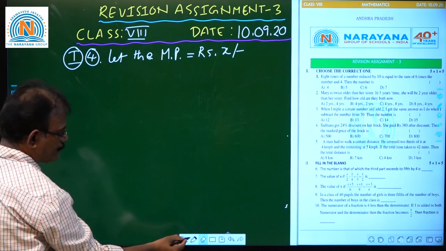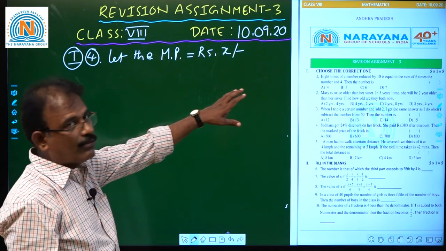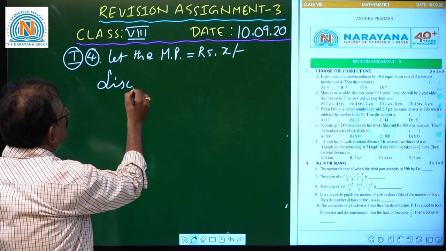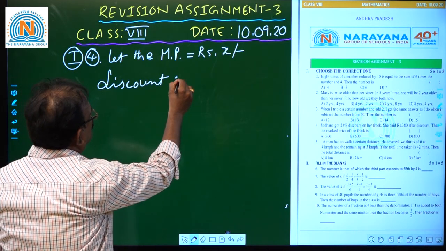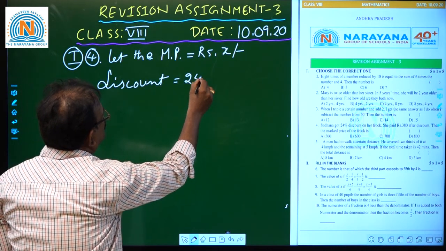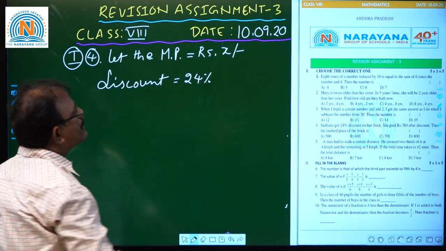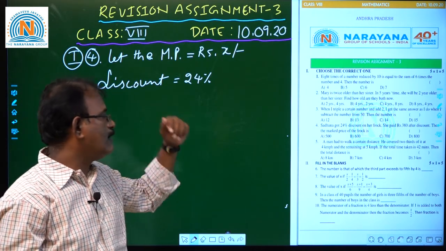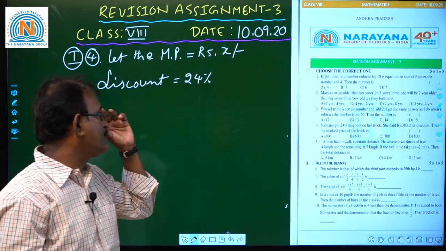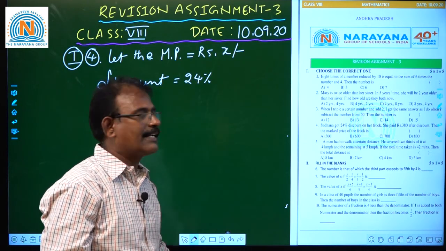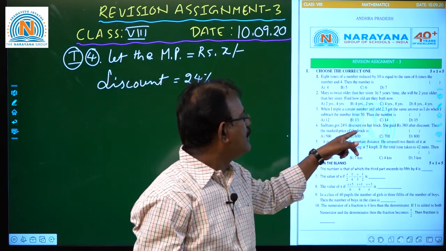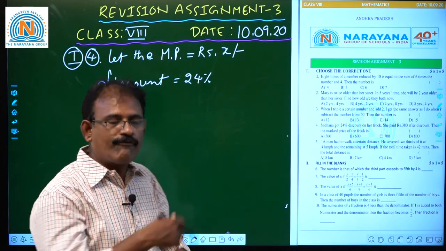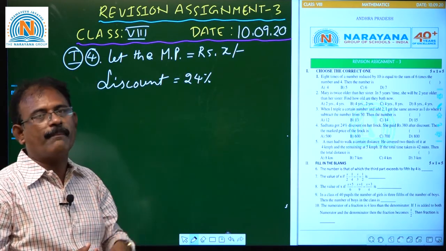Now, discount, how much is it? 24%. What does it mean, children? For every 100 rupees there will be a reduction of 24 rupees on the marked price. Then she paid 380 rupees after the discount to the shopkeeper.